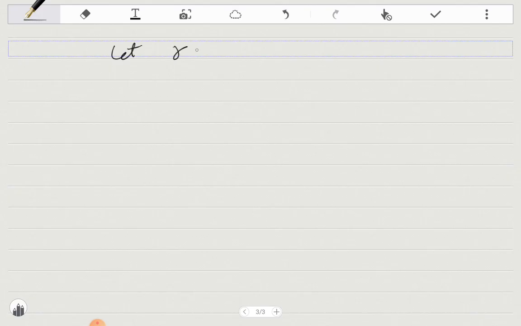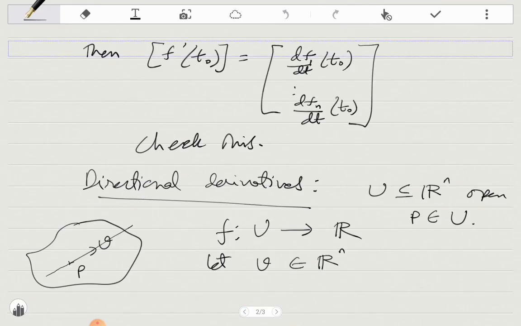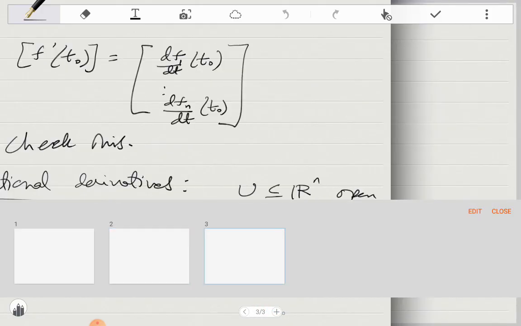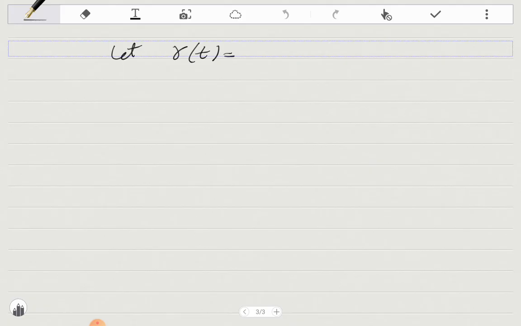Let gamma t equal to, if I write the equation of the straight line passing through this point at t equals 0 and in the direction V, I know what it's going to look like. It will be just P plus tV. When t is 0, I get gamma 0 equals P. Let me not talk about the derivative right now.